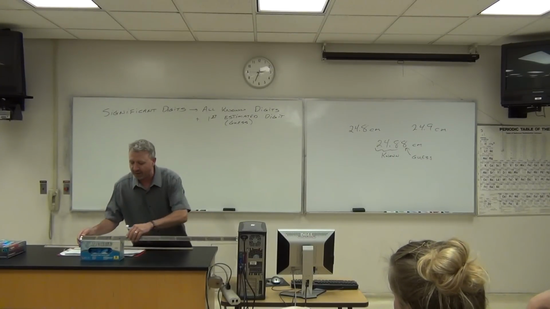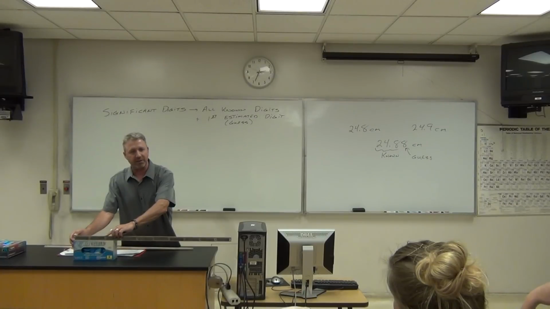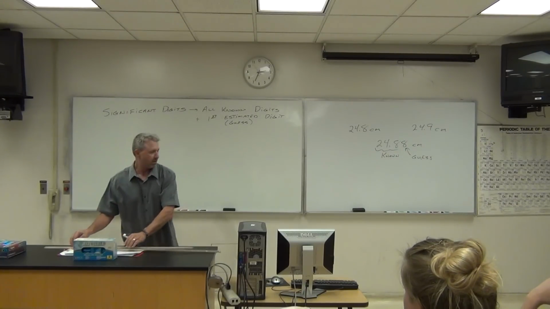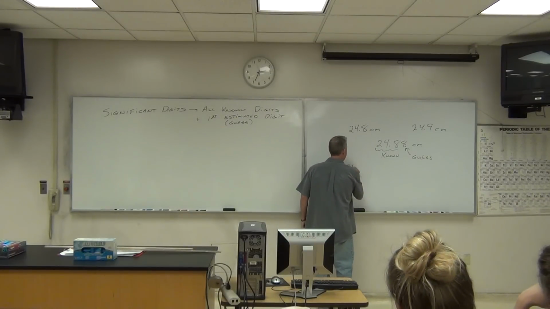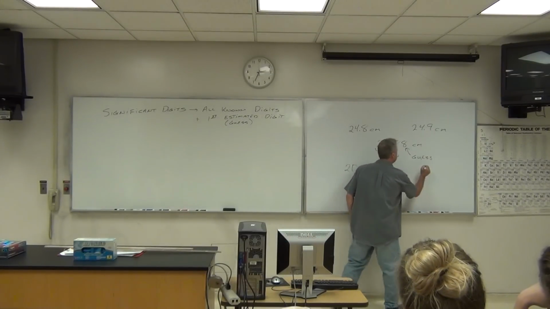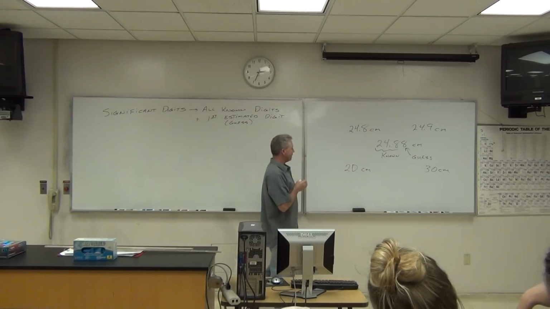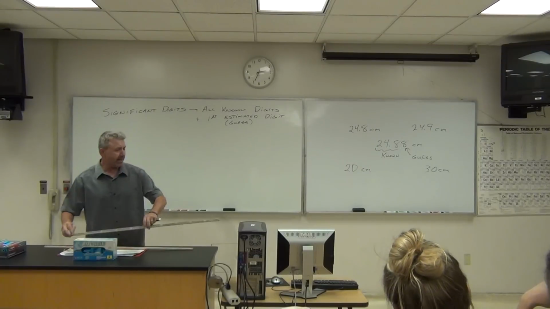And we're going to say the only thing I can tell from this is that it's greater than 20 but less than 30. Right? So using our second instrument, we see it's greater than 20 centimeters but less than 30. So we take a guess.